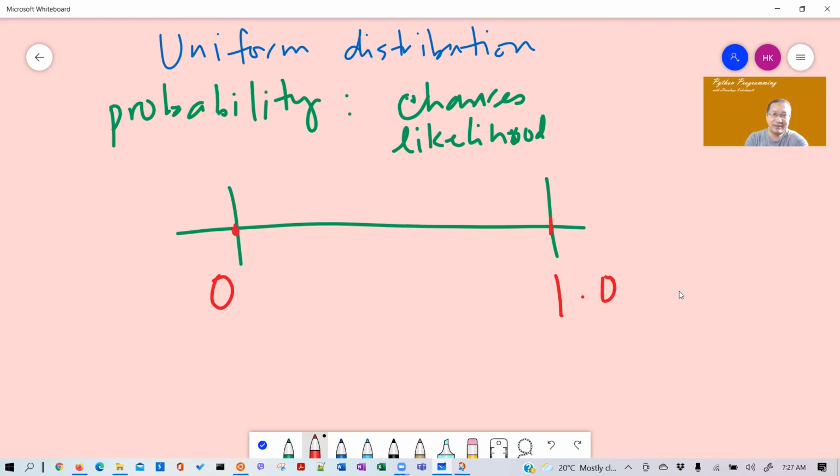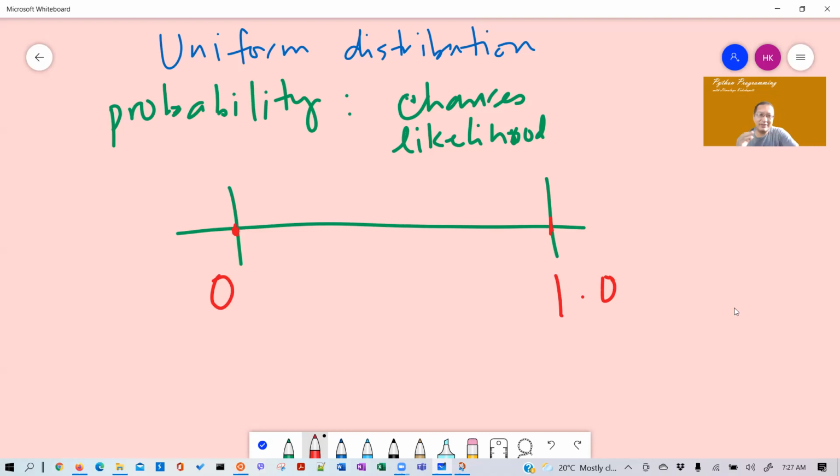Okay, what is 0 probability? Something with probability equal to 0. What does probability equal to 0 mean? That is an event, right? There is no chance of that event occurring.